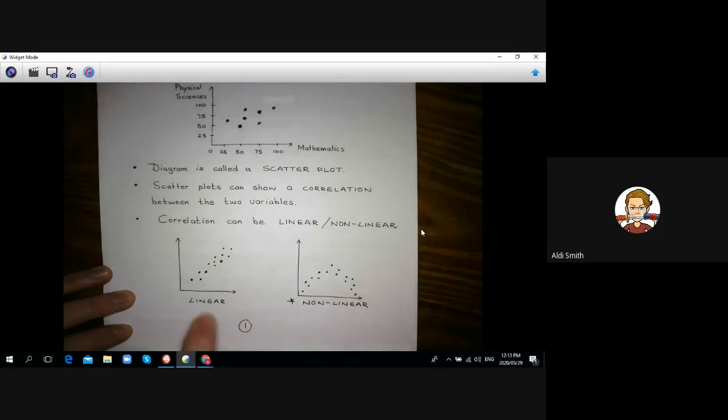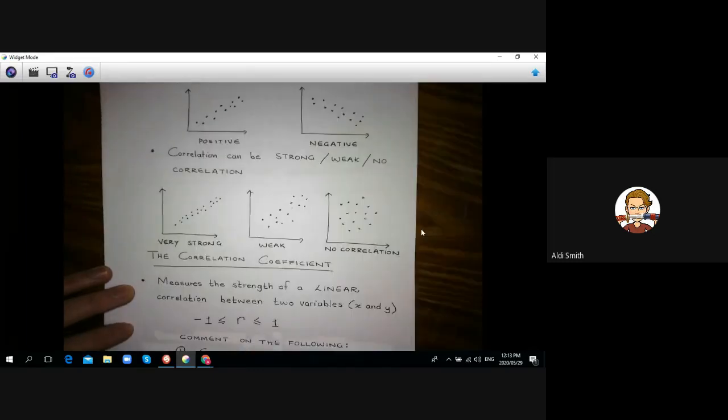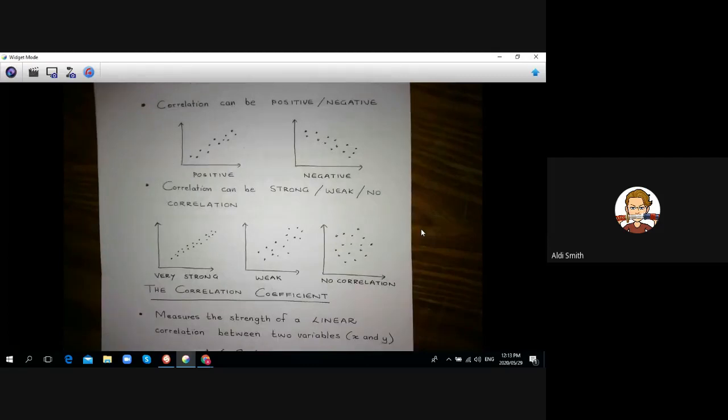So whenever you describe a correlation, you will always describe a correlation as linear because we only do the linear correlations. Then the second thing is it can either be a positive correlation, meaning that the straight line has got a positive slope or a positive gradient, or a negative correlation, meaning it's got a negative slope or a negative gradient. And then correlations can be strong, weak, or there could potentially be no correlation.